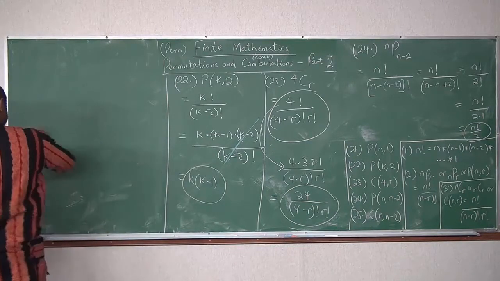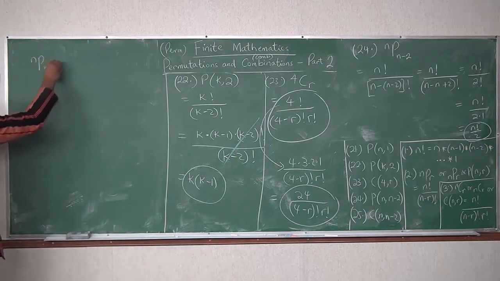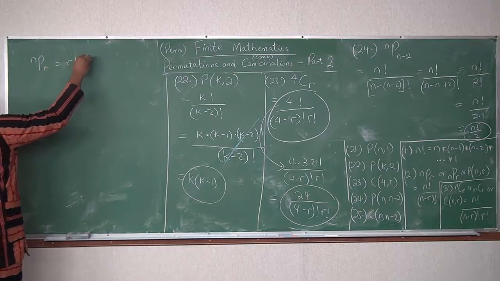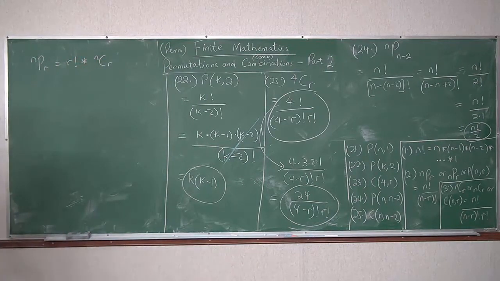Can you remember the formula? We say that nPr is equal to r factorial times nCr. Remember? So here we have nPn minus 2.